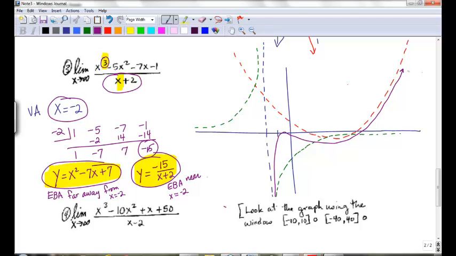I forced a window on you. The reason you do the asymptotes is this is telling you it ought to be approaching this far away. So now change your x max, change your y max, change your values. You've got to find the rest of the graph.